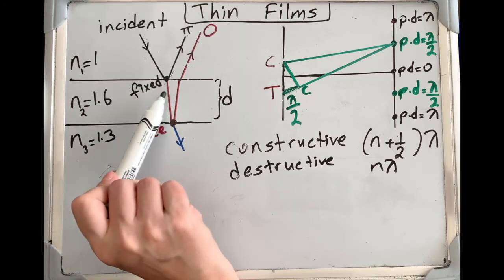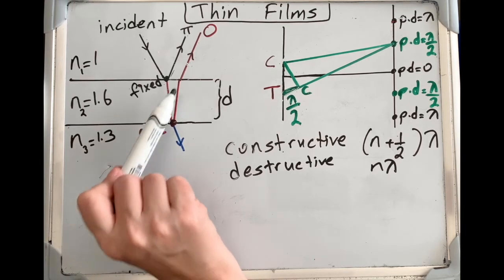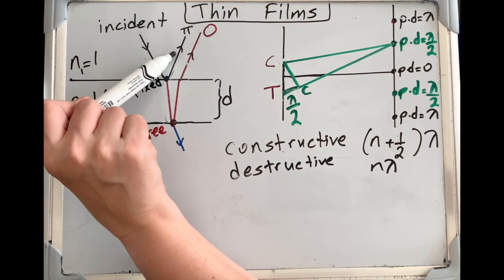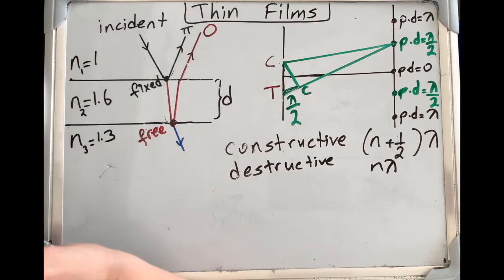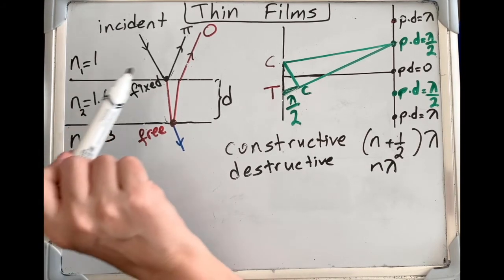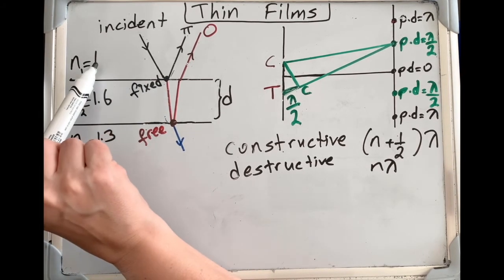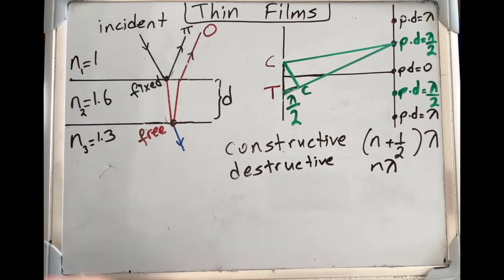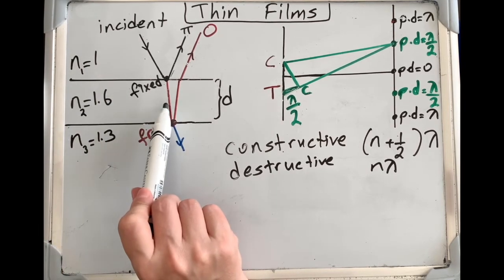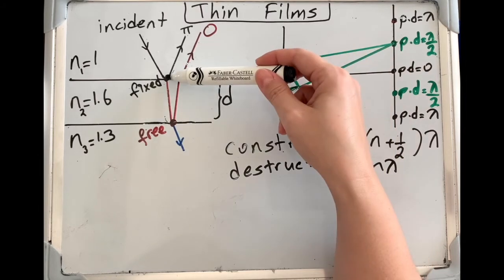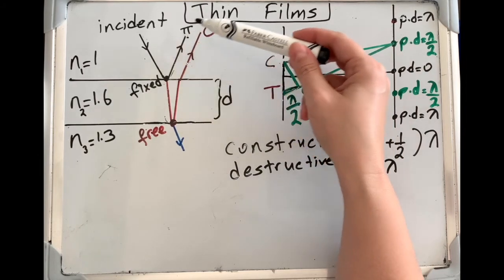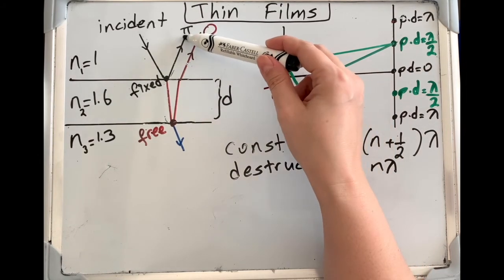However, as this red ray travels a distance of 2d, the black ray travels more than a distance of 2d because it's moving faster, because it's moving in a medium which has a smaller index of refraction than this one. We have to factor in the extra distance this travels due to the fact that it is moving faster.